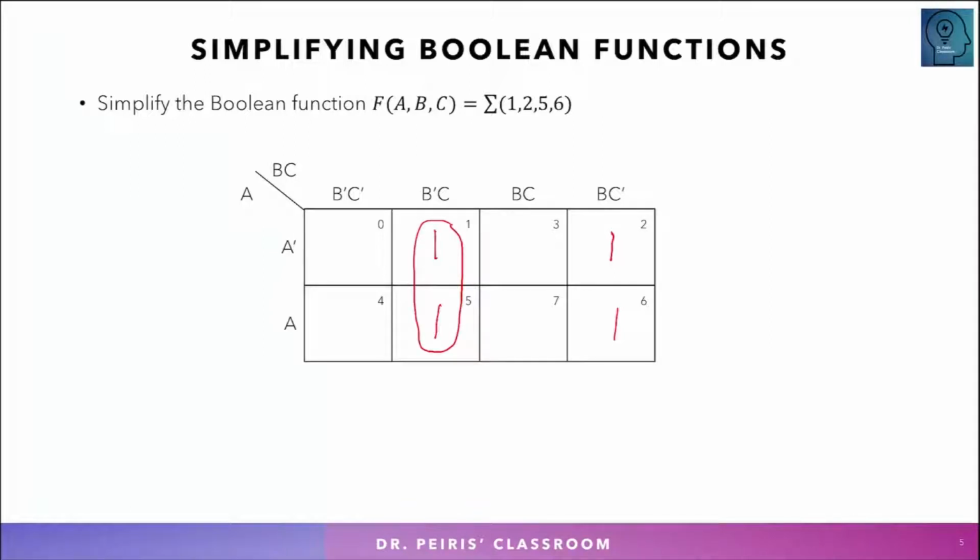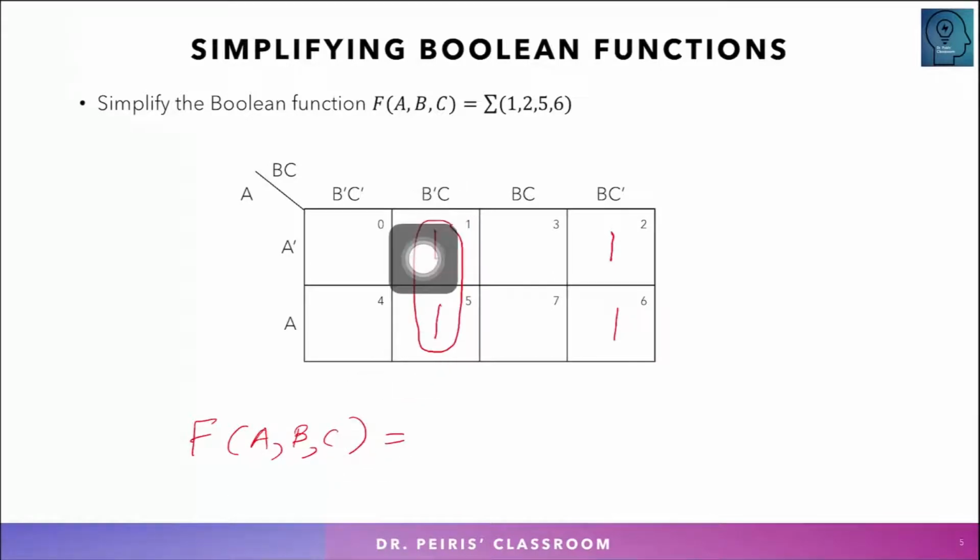So what would be this group? I am going to write function ABC using the minimized format by grouping the adjacent ones in the K-map. This is the first group that we made.